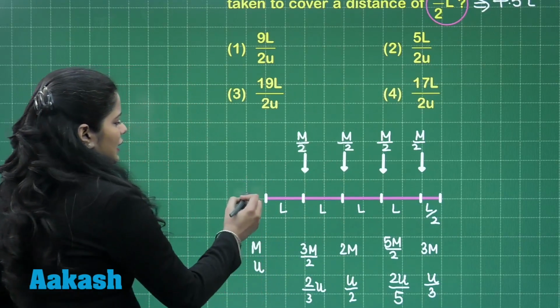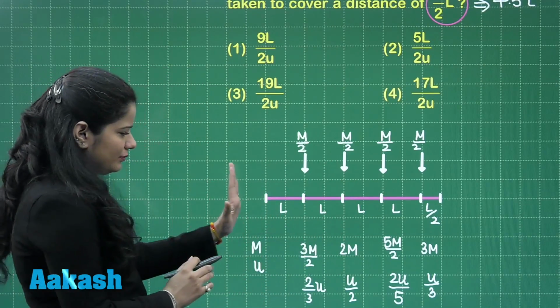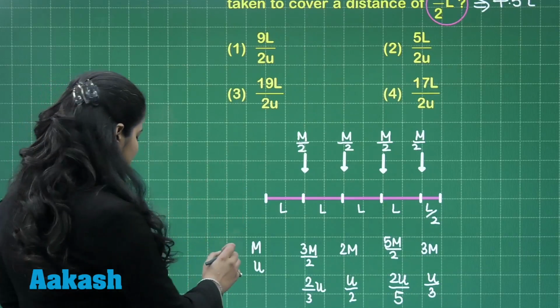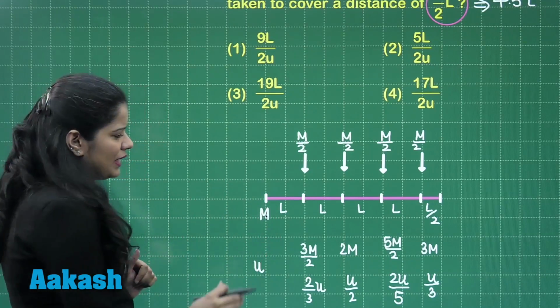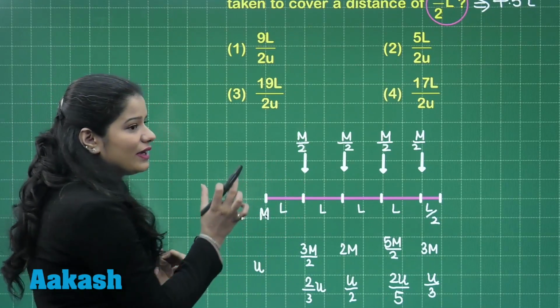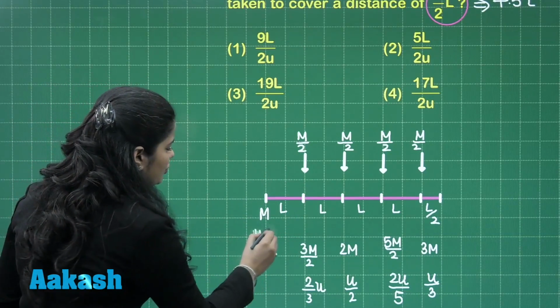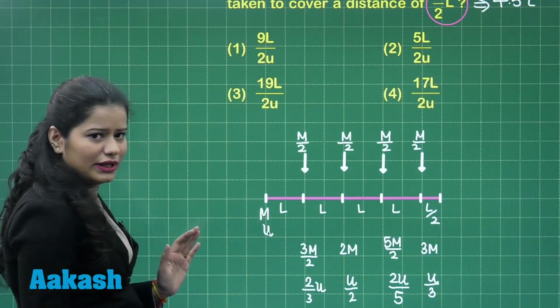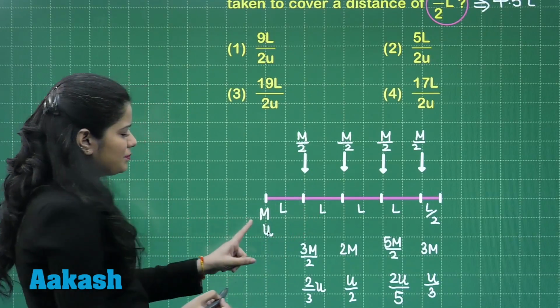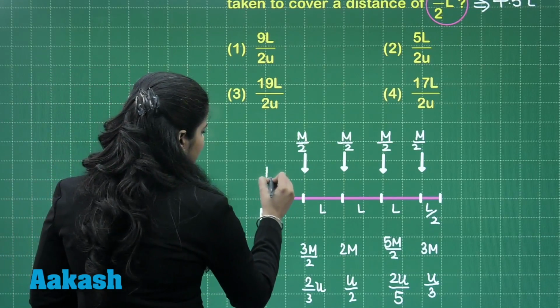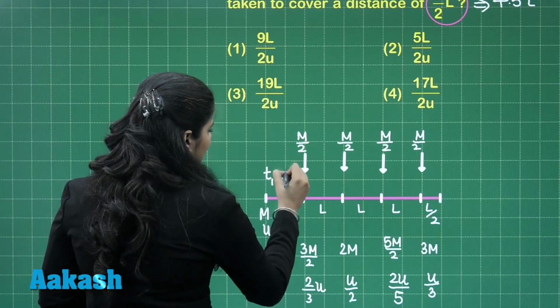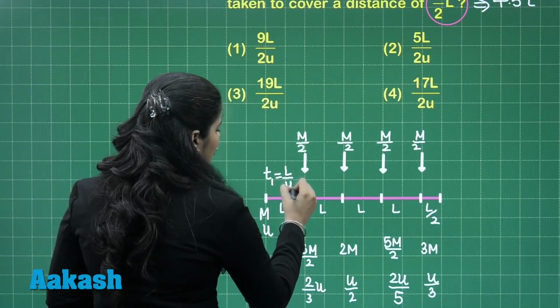Now, what is the mass? The mass of the cart is m. This length is travelled by the cart with the speed u. I can write down the time t1, and t1 will be L by u.